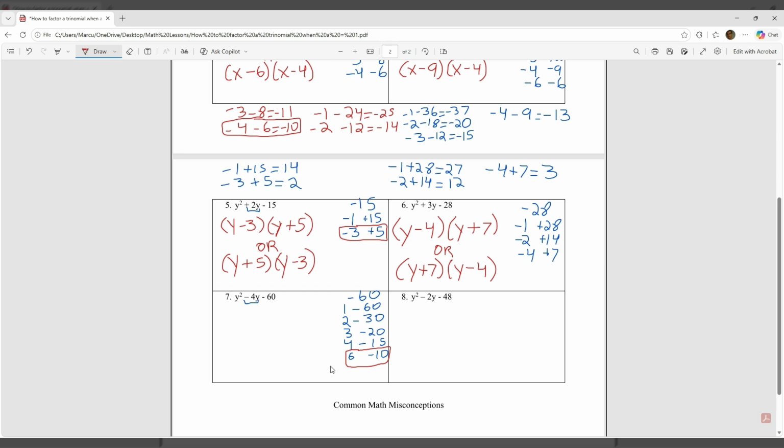Because when you do 6 and minus 10, that's going to give you negative 4. So again, you list the numbers. Make sure you have the correct variable. And again, the order does not matter. So you can write either way, as long as you have the correct variable and the correct numbers.